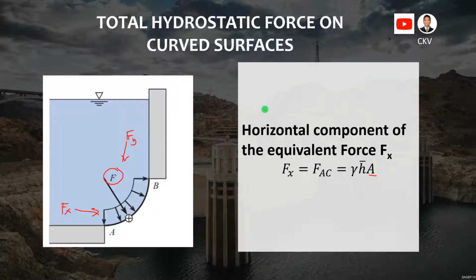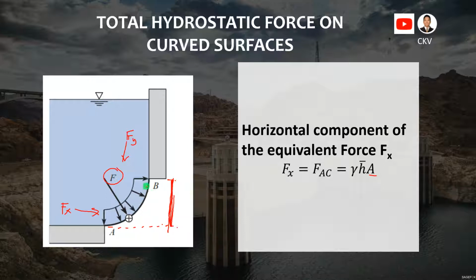So we need to make this curved surface a flat surface that is perpendicular to this horizontal force. So what we will do is have its equivalent surface, which should be a flat surface. This surface right here is just the side elevation of this curved surface.